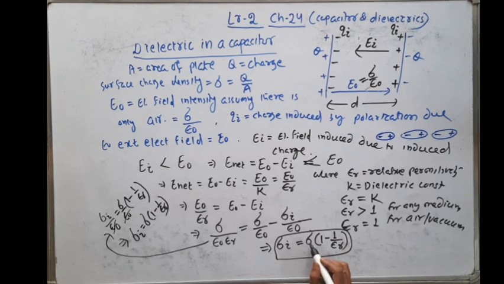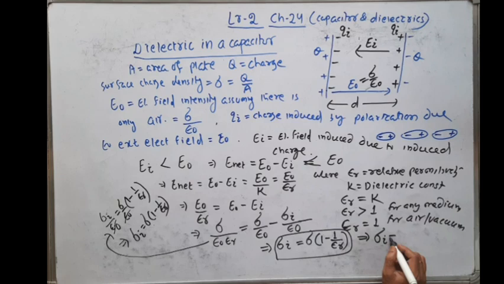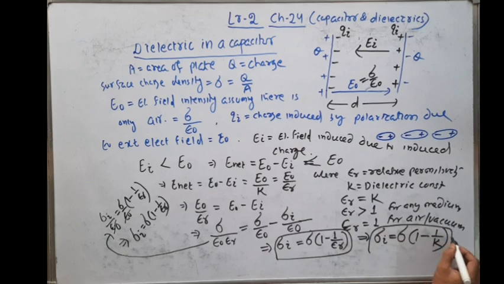What is sigma? It is the surface charge density due to main charge. And what is epsilon r? It is the relative permittivity of the medium. Or you can write sigma i is equal to sigma into 1 minus 1 upon K, if it is expressed in dielectric constant.